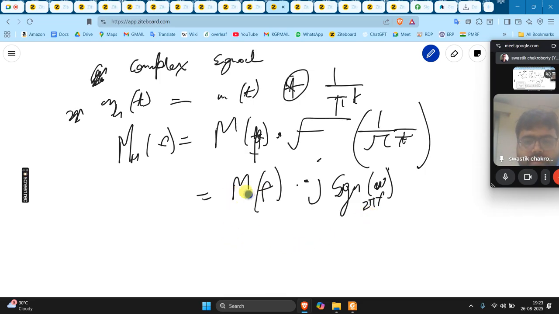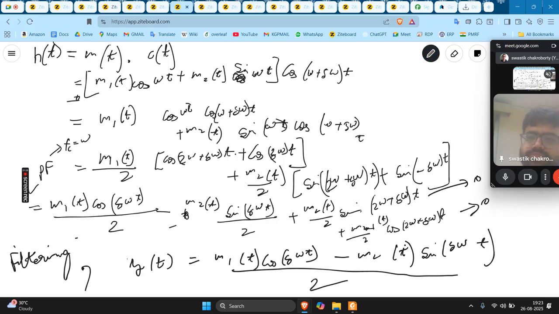So essentially you have minus plus j M(f), and you are just multiplying with a j. Ultimately, if you disregard the sign, all the Hilbert transform does is multiply your Fourier transform by a j. That's why, when you decompose it into a Fourier series, you can get the Hilbert transform by phase shifting by negative pi by 2. That is the essence of the Hilbert transform.